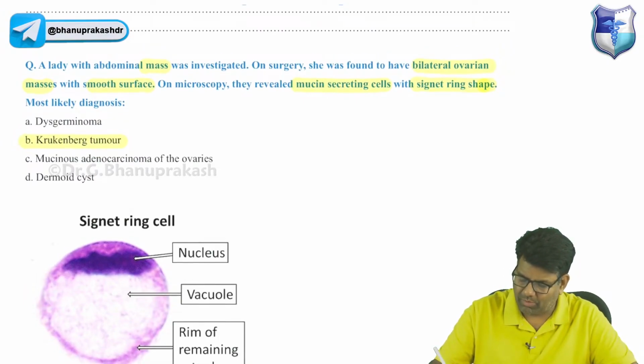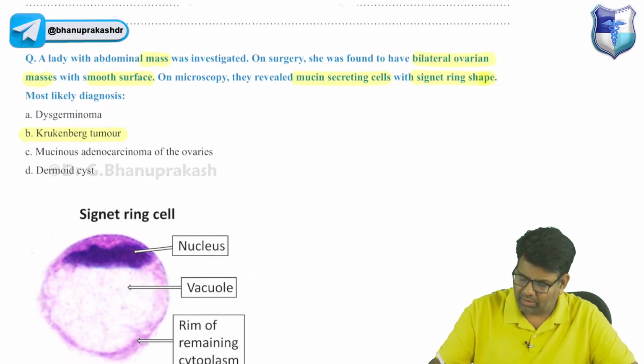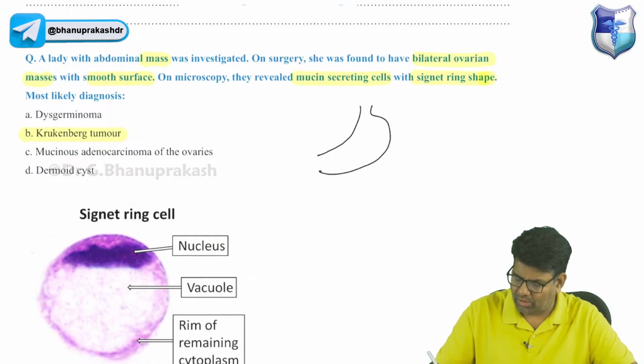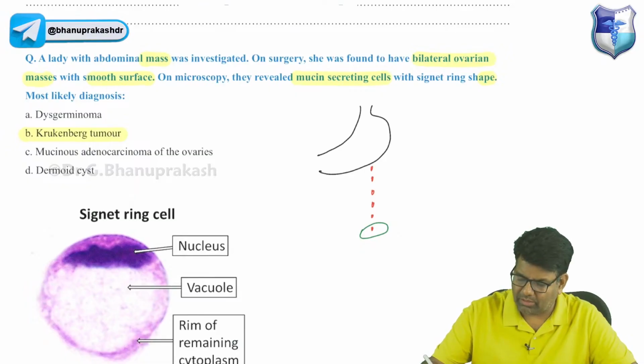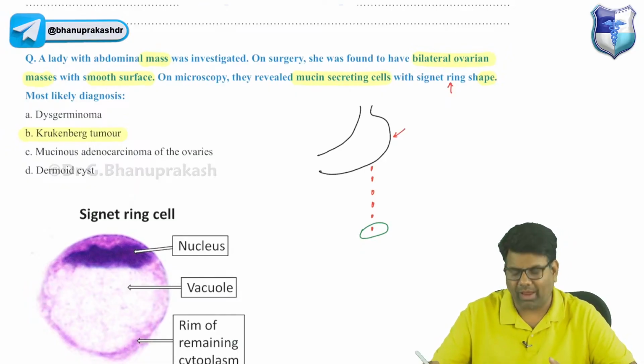Now, what is Krukenberg tumor actually? Suppose this is stomach, lower down we have the ovary. What happens? Tumor cells of the stomach can directly drop to the surface of the ovary. Therefore, the signet ring is having the same resemblance as that of the primary malignancy.